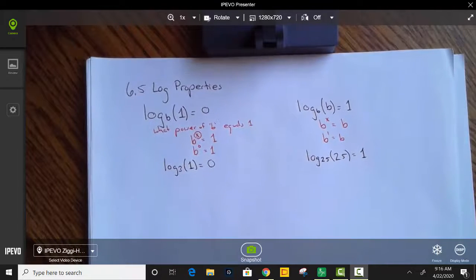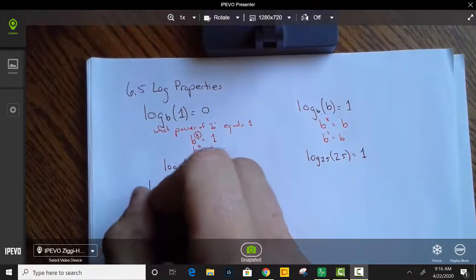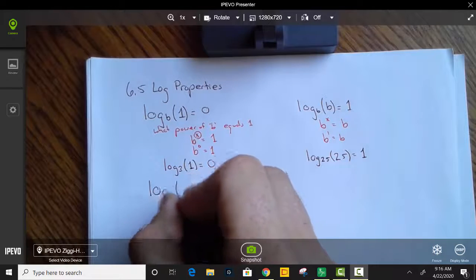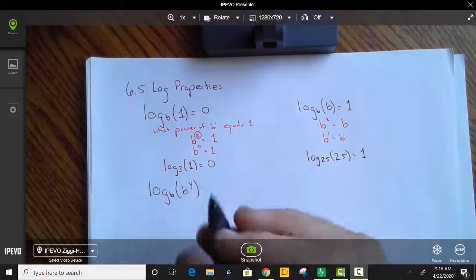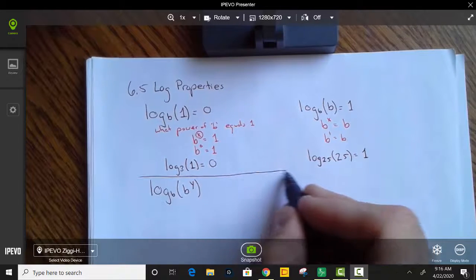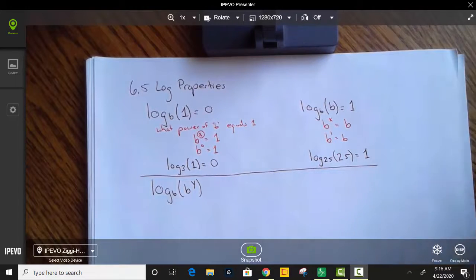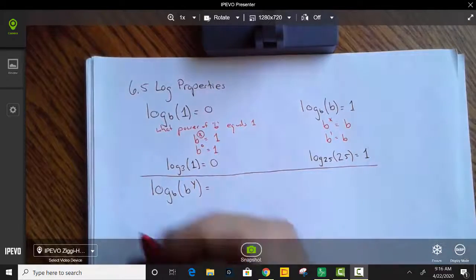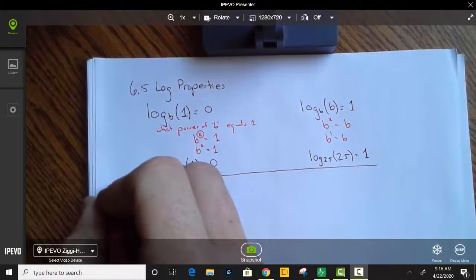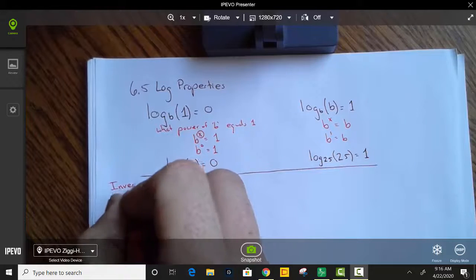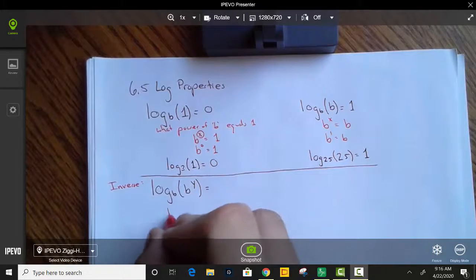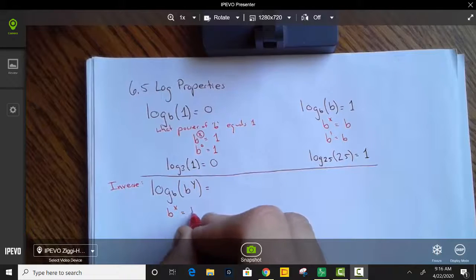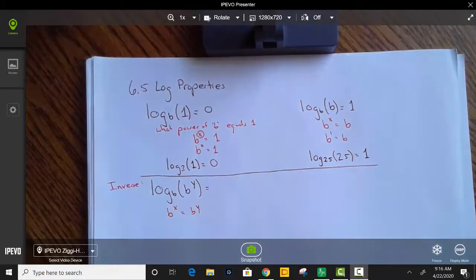And then going a little bit further from that one, let's say we've got log base b of b to the y power. Going with this same concept, this is actually called one of the inverse properties. This would be what power of b will give me b to the y power.